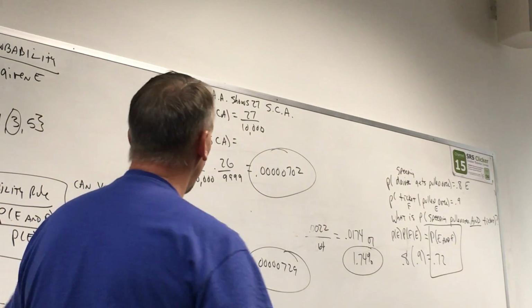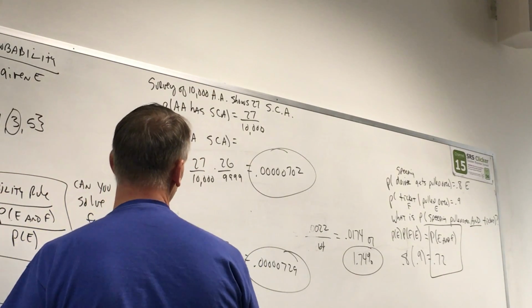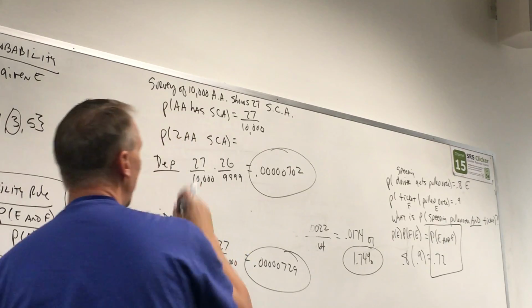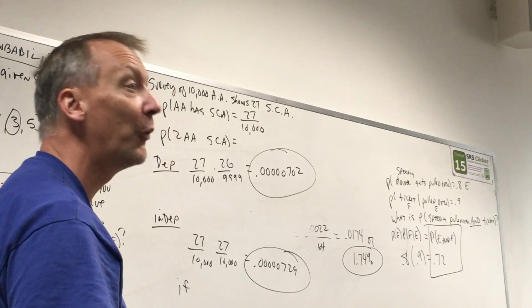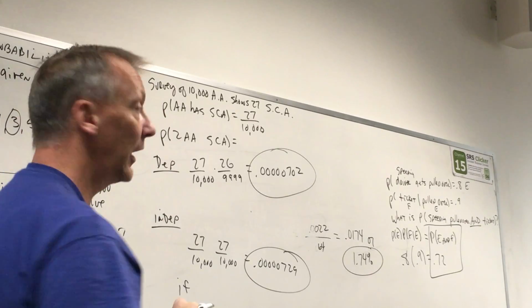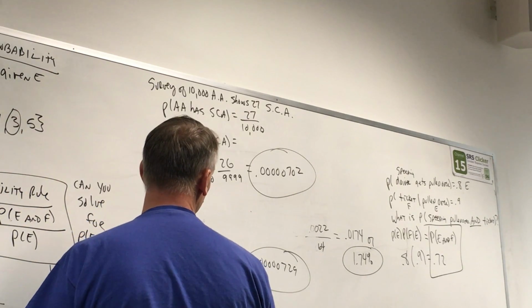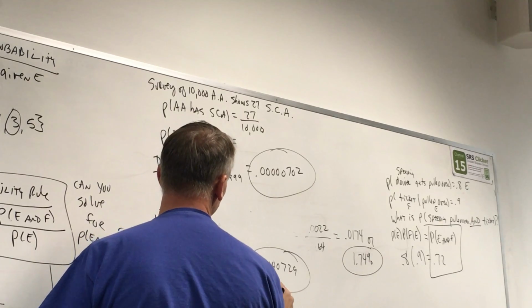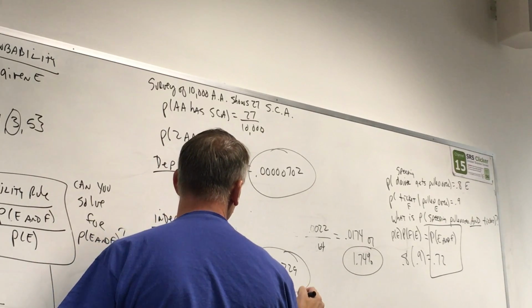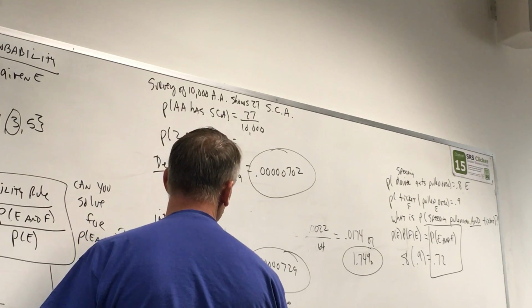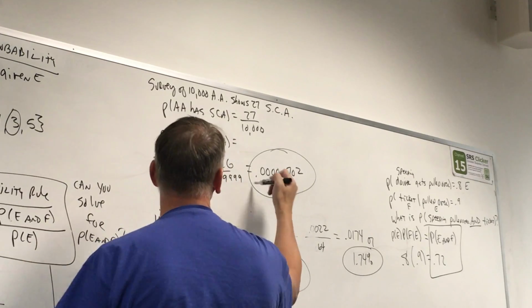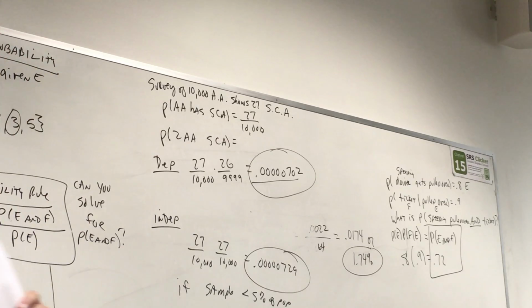Okay. So here's the deal. You can assume independence if your sample size is large enough. What's large enough? If your sample is less than 5% of your population, you can assume independence even though technically it is dependent.